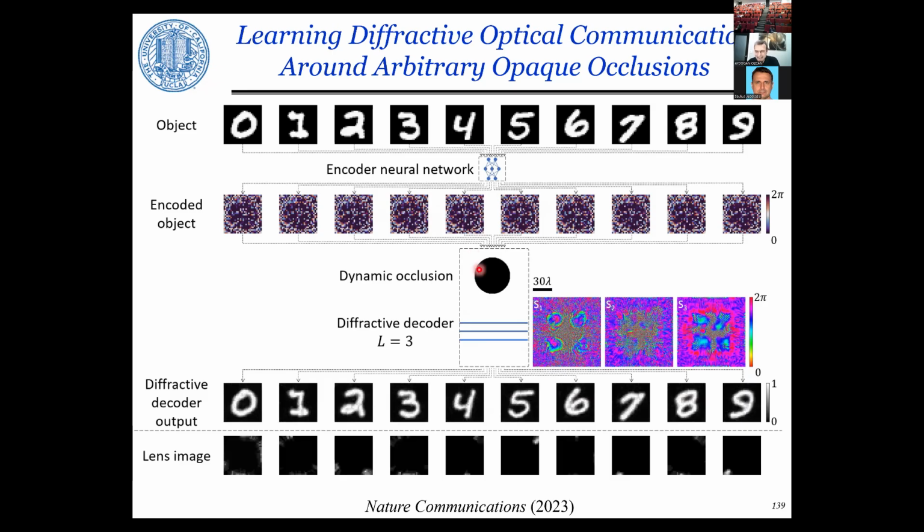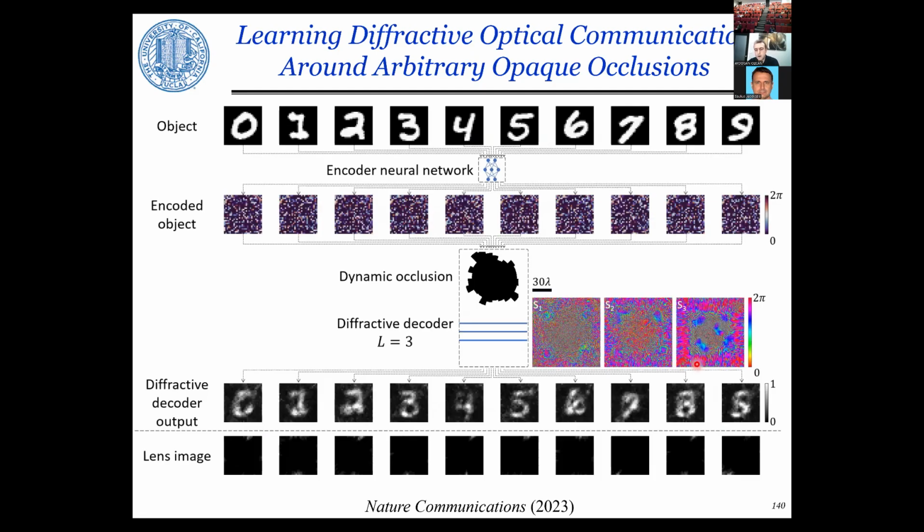As the occlusion dynamically changes and its topology slightly changes, you can see the message is slightly varying, but the reconstruction is stable. So you do not even need to know the exact topology of the dynamic occlusion. If you don't have this whole scheme, this is what you get. Even a perfect lens, because of the occlusion, sees almost nothing except the scattering from the edges.